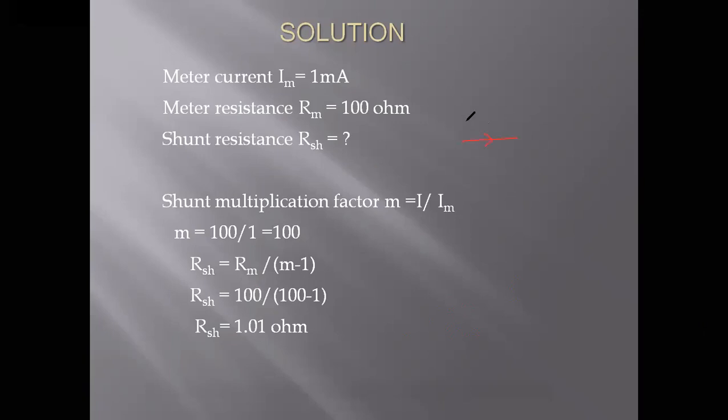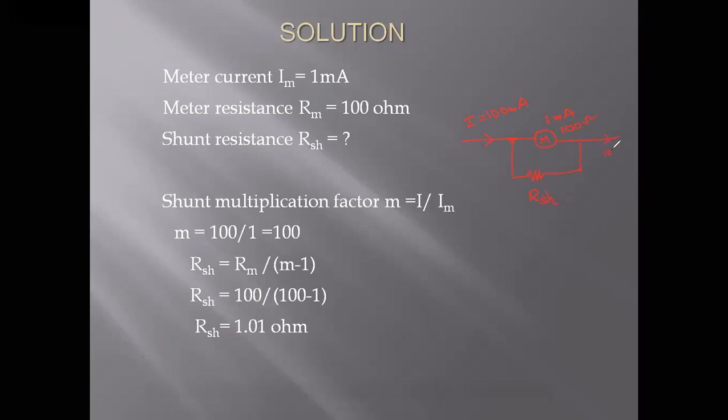Let me draw the circuit. This is our I, which is 100 milliamperes. There is our meter. It shows full scale deflection for 1 milliampere and its resistance is 100 ohms. Now we are trying to connect a shunt coil here.